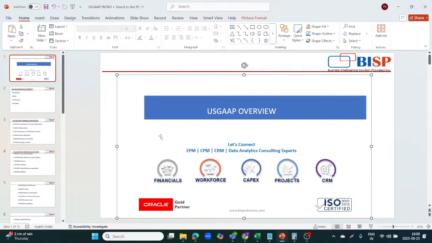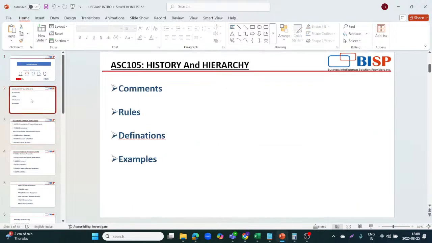So here in our US GAAP course, we will learn how to prepare the financial statements and ensure compliance with US GAAP. We will learn how to analyze the financial data, create financial statements that meet the needs of stakeholders, and make financial decisions.